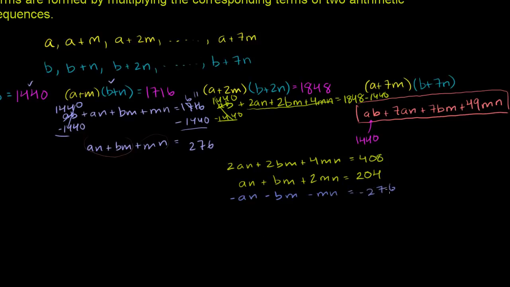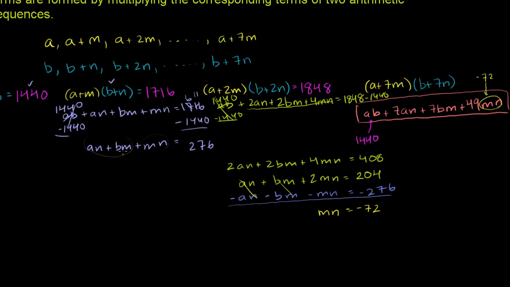And then when we subtract, these cancel out, these cancel out, and 2mn minus mn is just going to be mn. And then 204 minus 276, that's negative 72. So we're able to solve for mn. And that's useful for us because this expression here is 49 mn. So that number right there is negative 72.